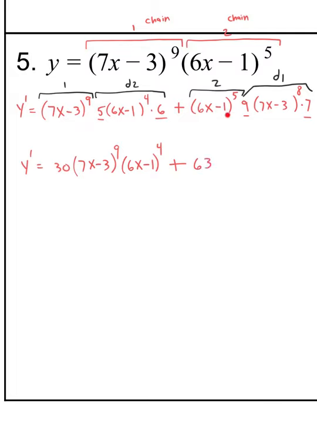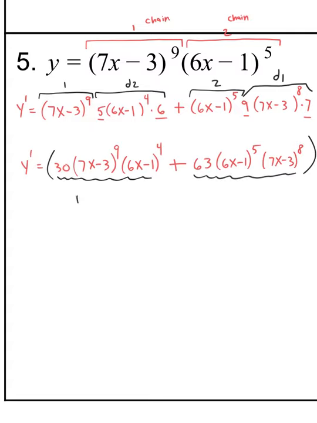I still have 6x minus 1 to the 5th, and I still have 7x minus 3 to the 8th. Okay, so there is our answer so far. Remember, it's one big binomial. This term plus this term.